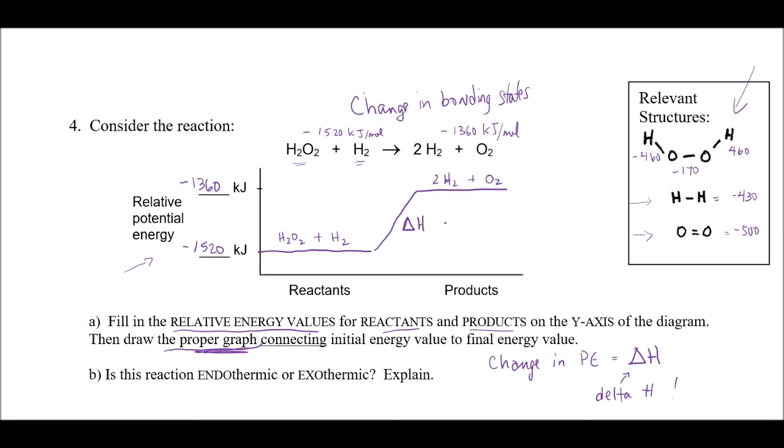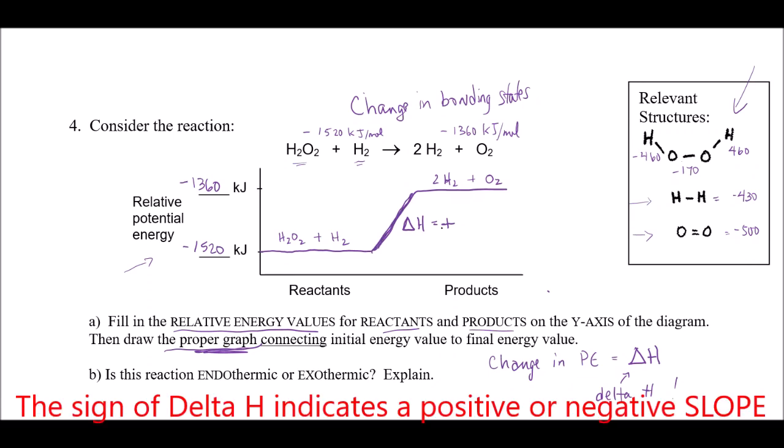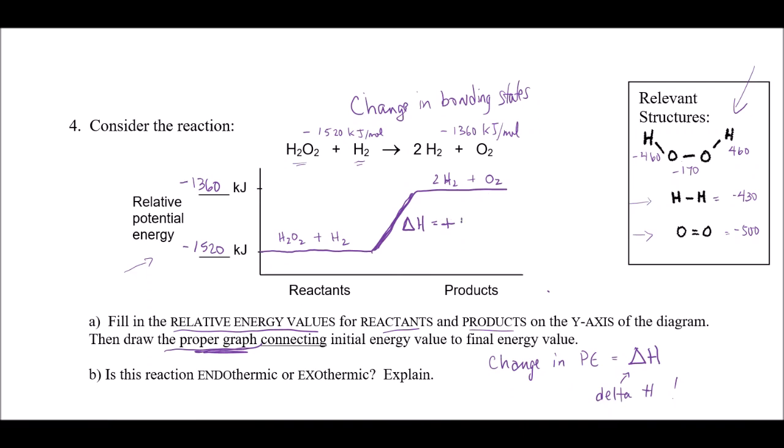Delta H. What is the change in this reaction? And this is where you do simple subtraction to find the difference between negative 1360 and negative 1520. In this case, there's a positive slope. You should see this as a positive slope. It's going uphill. So the sign here indicates the slope. Is it positive or negative? And the number is the difference, which is 160 kilojoules per mole.